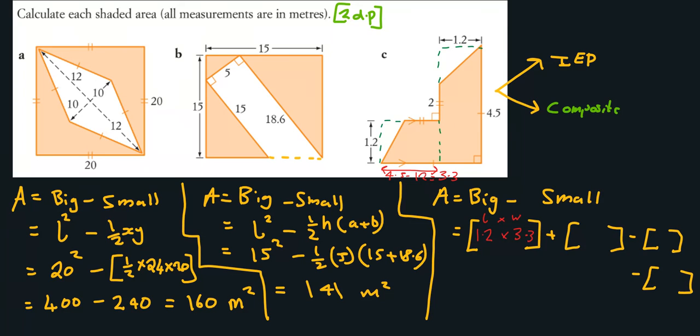Now we've got this lovely rectangle, which is 4.5 multiplied by 1.2. This one's much easier. We need to subtract this triangle. Now the area of a triangle is half the height, which is 1.2, times the base. Now if we know this distance is 3.3 and this distance is 2, because these lines mean that the lengths are equal, we can subtract 2 from 3.3 to get 1.3.